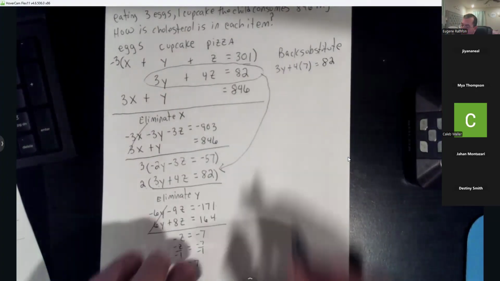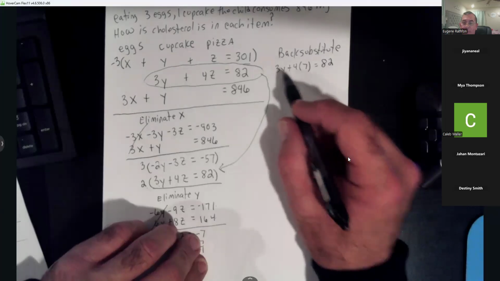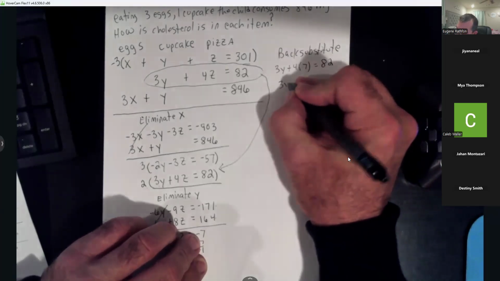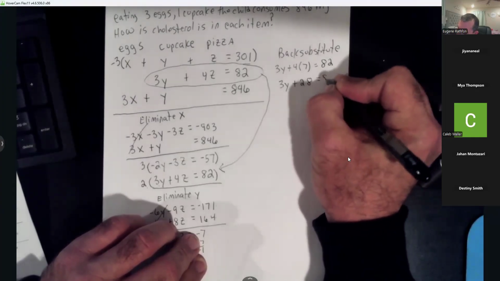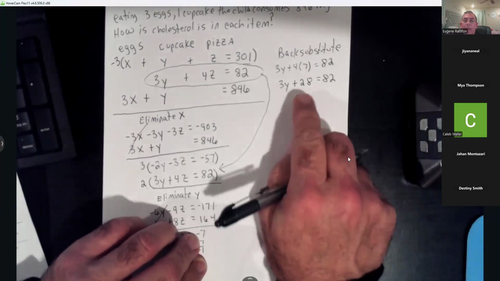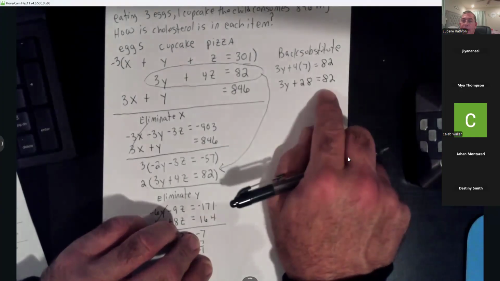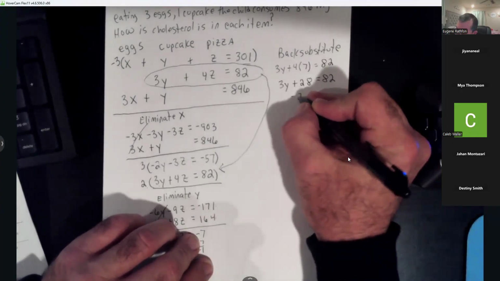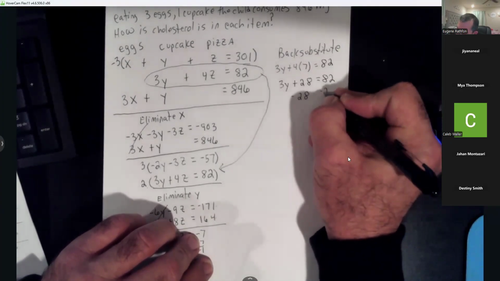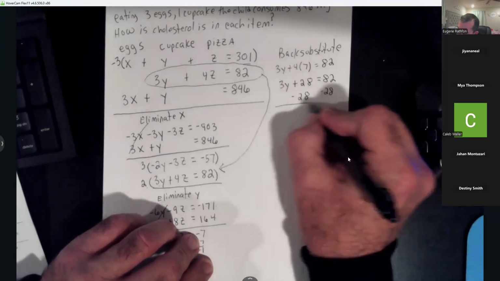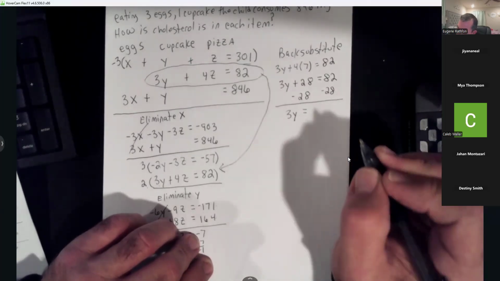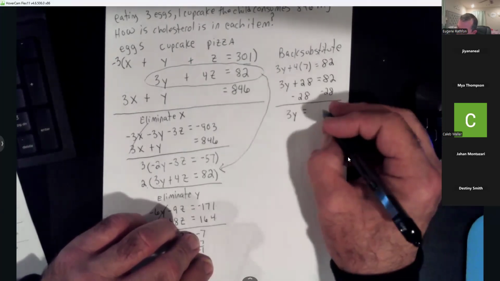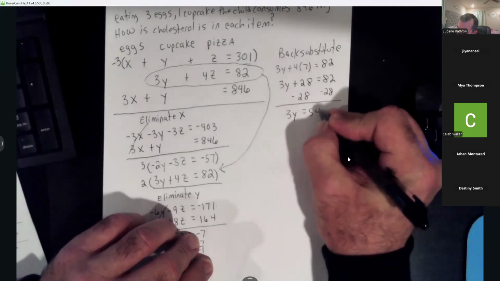All right, y'all, so let's see. We're going to multiply first. So bring down the 3y. 4 times 7 is 28. That's going to equal 82. Now, let's subtract 28. So that brings down 3y. Oh, I think this is what, 54?